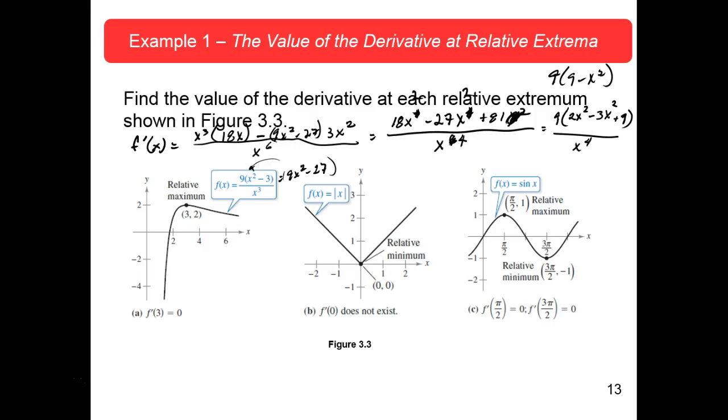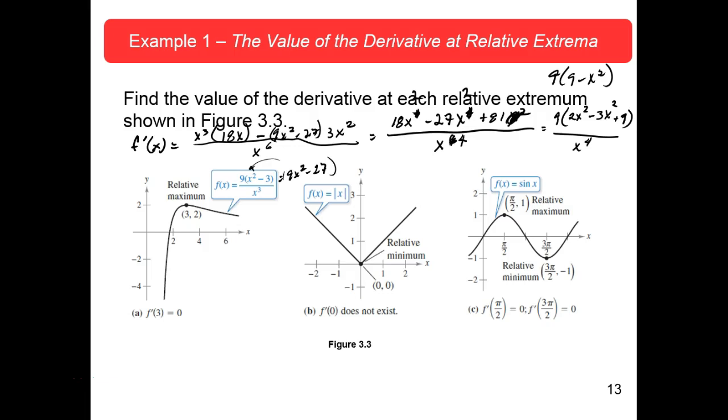There's your numerator over there, 9 times 9 minus x squared over x to the 4th. When x is equal to 3, what's your derivative? Not that hard to do. Plug in x equals 3 in that numerator. What would be your derivative?